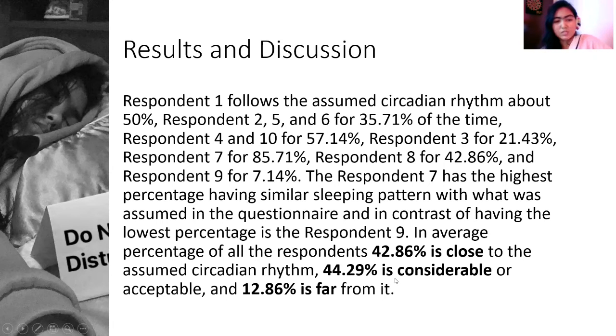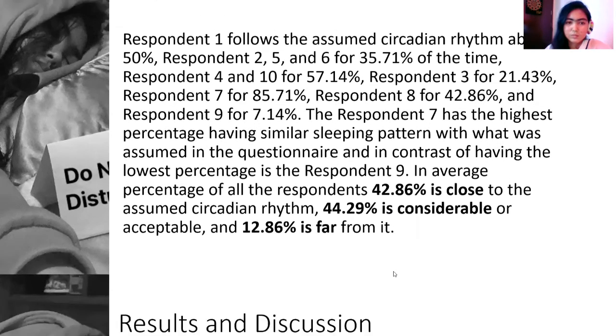In an average percentage of all the respondents, 42.86% is categorized as close, which is 0 to 10 in the statistical analysis, and 44.29% is considerable or acceptable, and 12.86% was far from the circadian rhythm results.